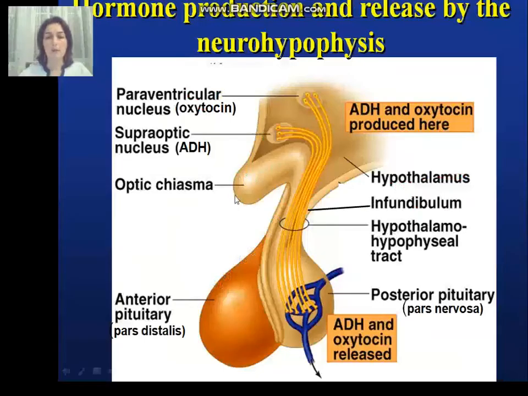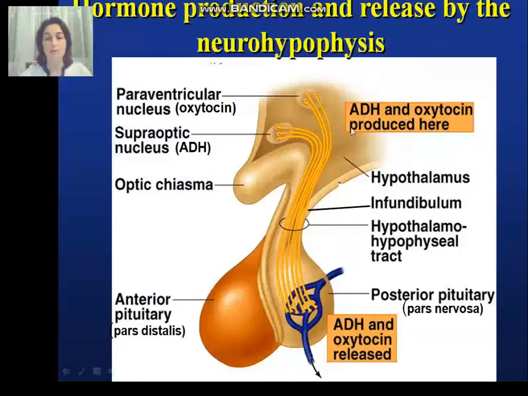Then, as I just mentioned, the paraventricular and supraoptic nuclei are nuclei of the anterior hypothalamus, and their axons, as we see here, come to the neurohypophysis. These nuclei include neurosecretory cells which produce ADH, antidiuretic hormone, or vasopressin, and oxytocin.